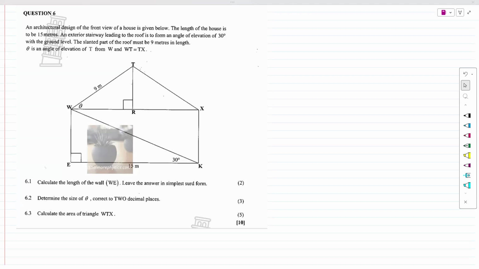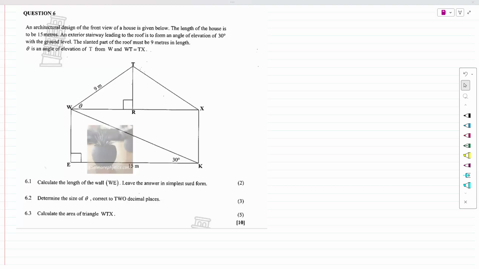There's this house design, and a front view of the house is given. The length of the house is 15 meters. That's quite simple. The exterior stairway leading to the roof is to form an angle of elevation of 30 degrees. Okay, that makes sense. Elevation means it's going up on that part.